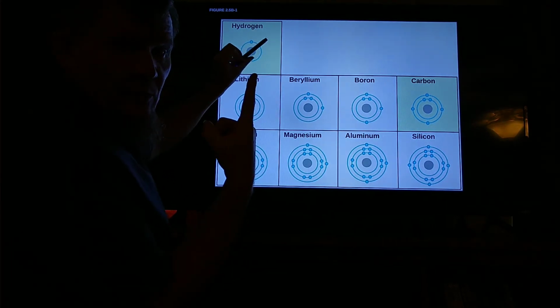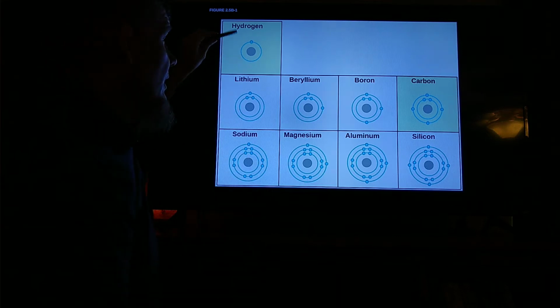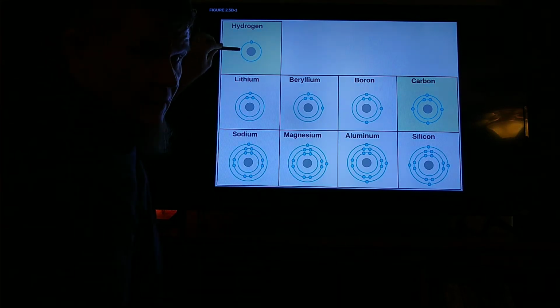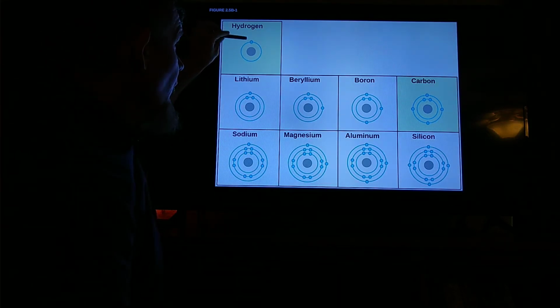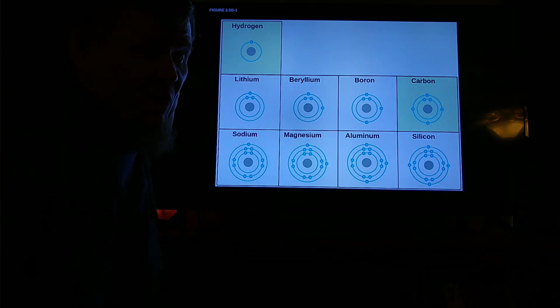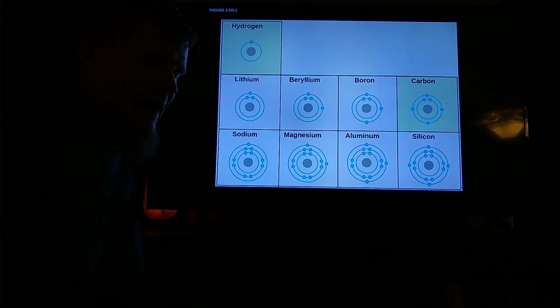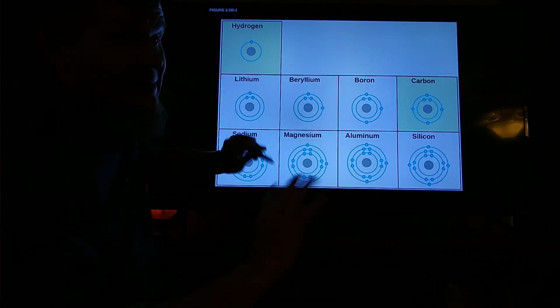If it is element number 1, that means it has how many electrons? 1. So it only has the first shell and only has 1 electron in that first shell. How many electrons does hydrogen want to be happy? It wants to have a total of 2. So how many more electrons does it need? Hydrogen needs 1 more electron to be happy.